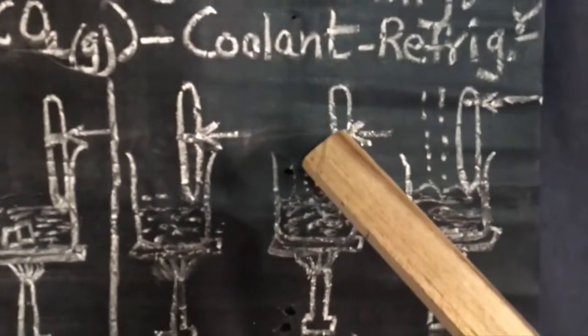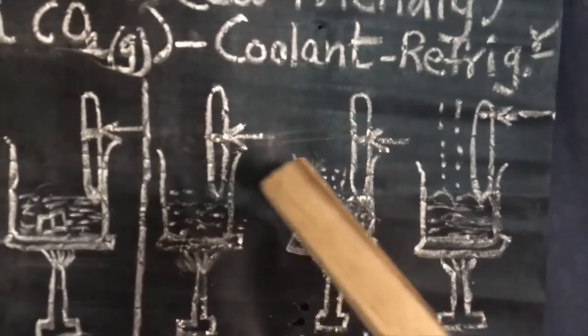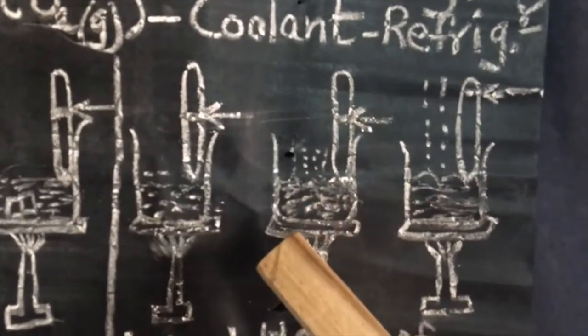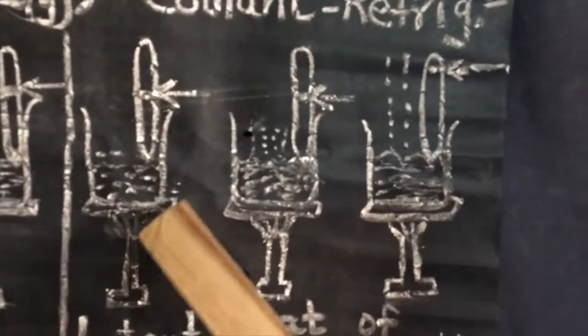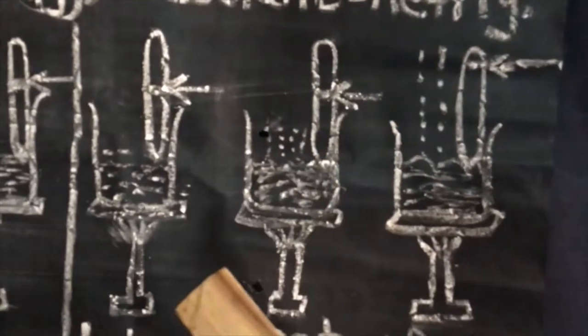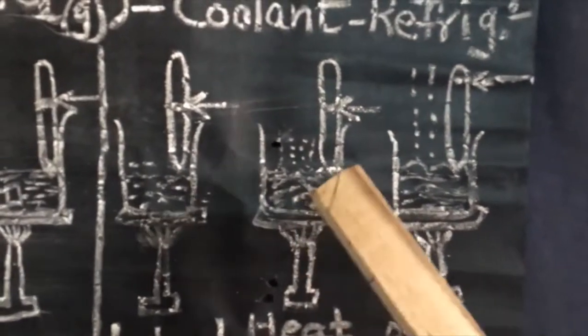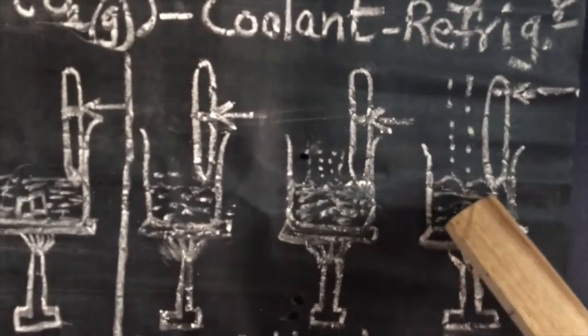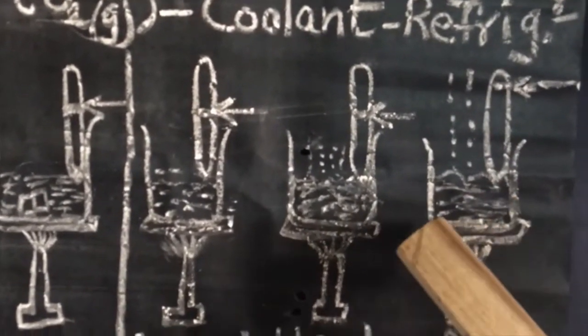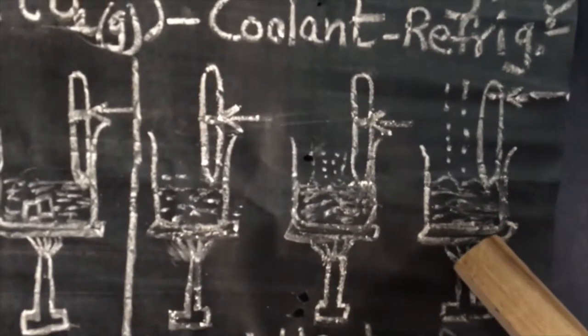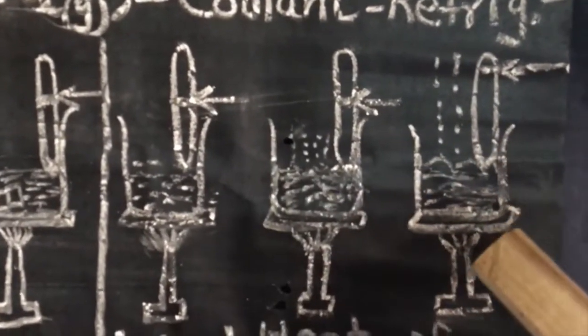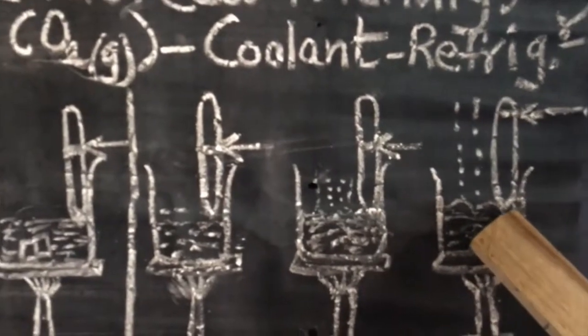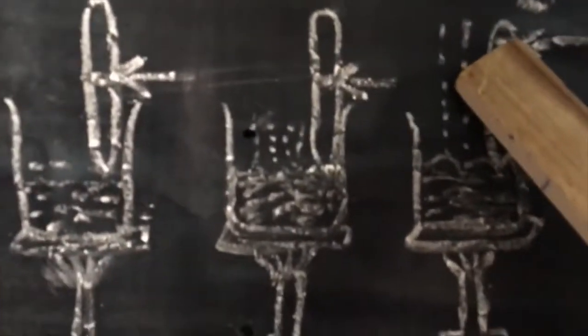But here there is no change in the temperature. So the same question as here, where is the heat going? The heat here remains hidden until all the particles of the water acquire heat energy. And as soon as all the particles acquire it, they will show the change in the temperature.